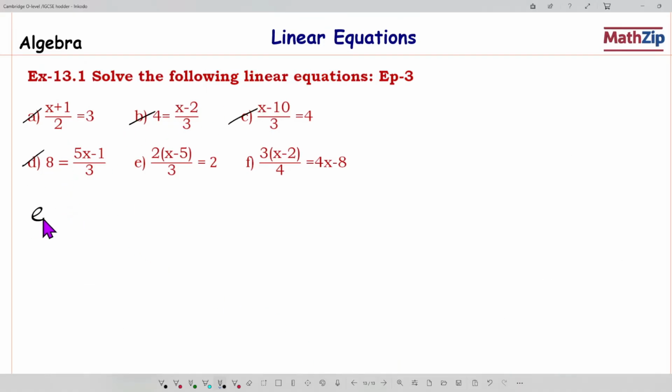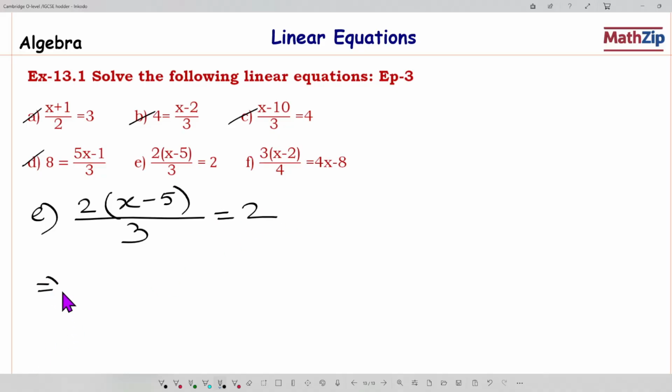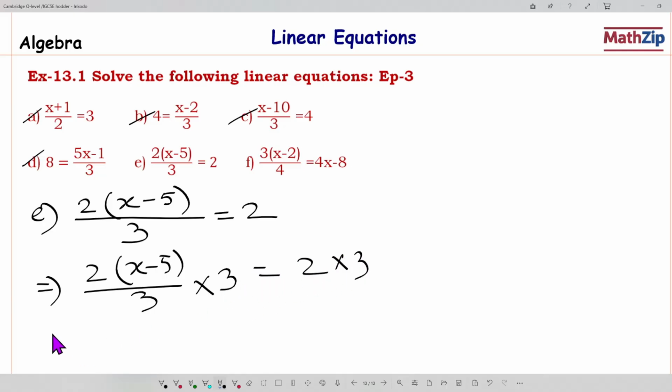Number E: 2 times (x minus 5) divided by 3 equals 2. Now we are multiplying both sides by 3, so we can write (x minus 5) by 3, not adding, multiplying by 3, so 2 times 3.